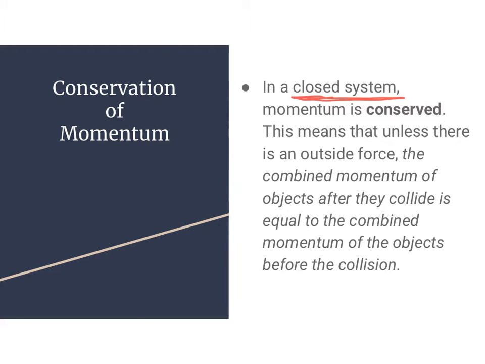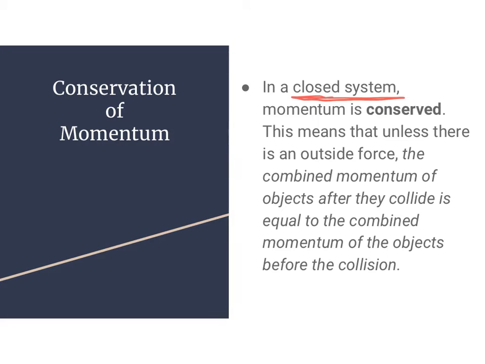A lot of this depends on what we define as our system. Because if we're looking at a system where there are outside forces, we can make it a closed system by simply expanding the definition of our system. Or if we want to consider some of the forces as outside forces, we can shrink what we consider to be our system so that we're only looking at individual objects.